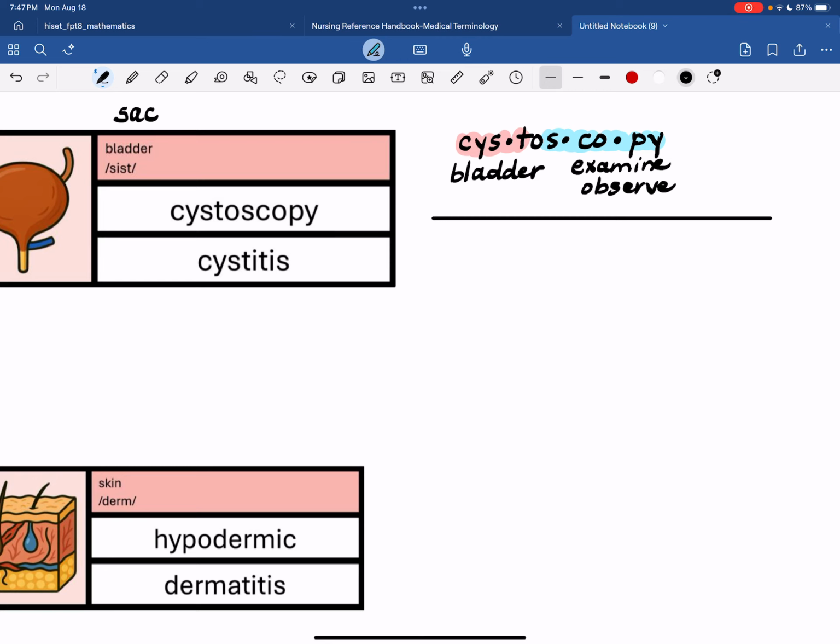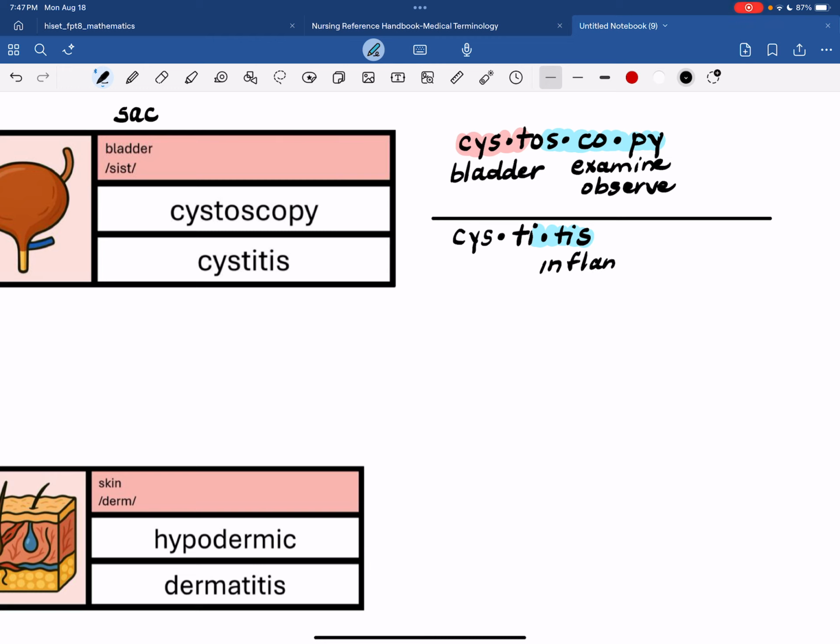And then we have cystitis. Actually, I think it breaks like this. I'm not sure. Cystitis. You have that very common itis out there. That means inflammation.